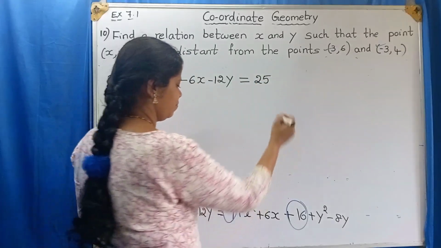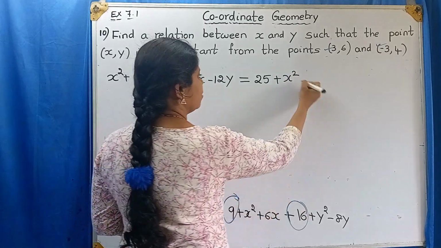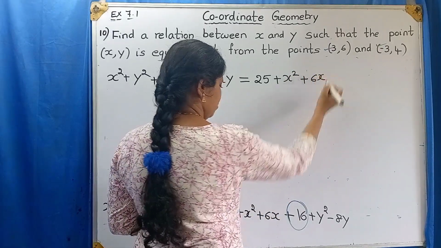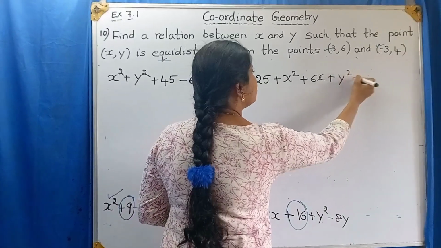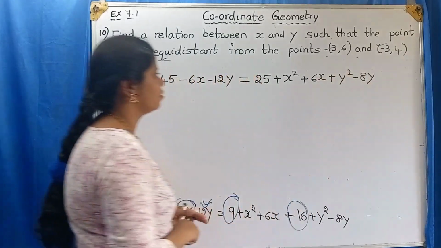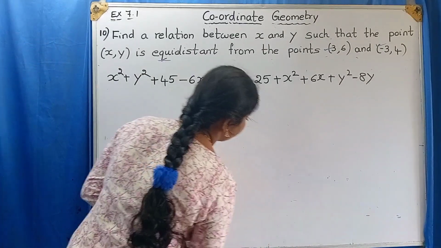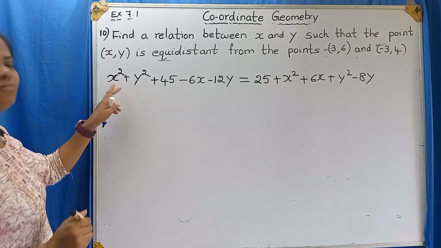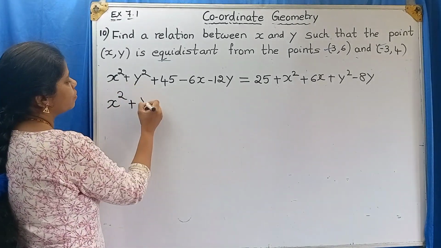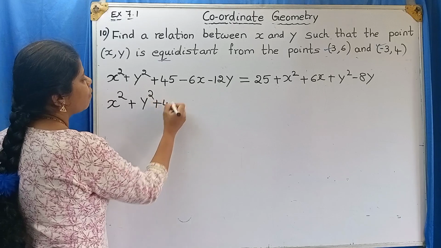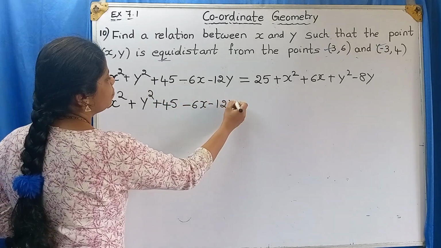Plus x square plus 6x plus y square minus 8y. Okay? Now let me rub this one. Now let me write these terms as it is. x square plus y square plus 45 minus 6x minus 12y.